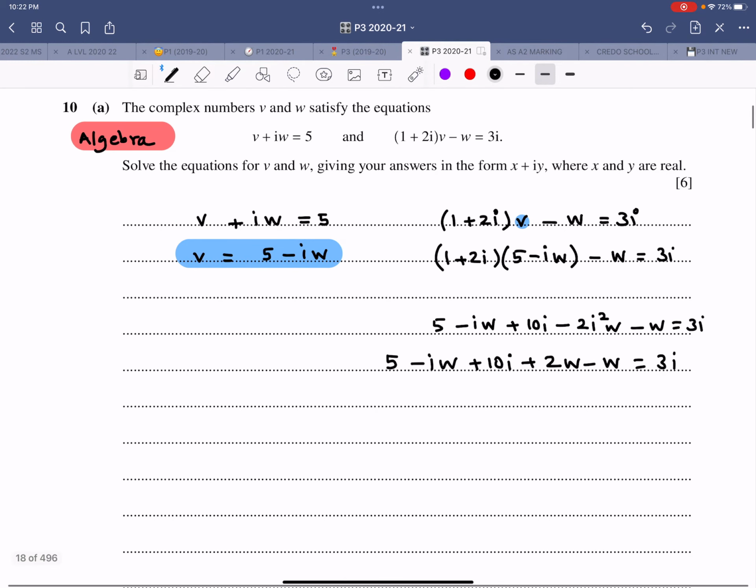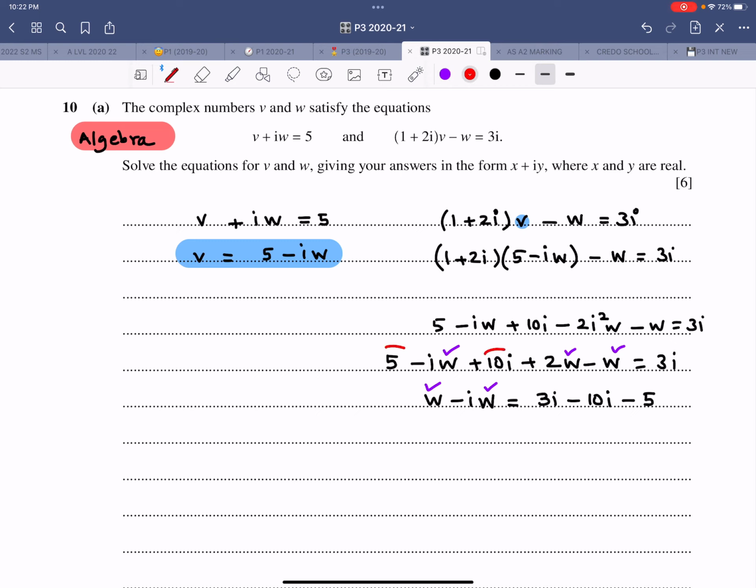Take all the w's on one side. 2w minus w, that's w, minus iw, that is 3i minus 10i minus 5. Let me double check. This is minus iw, done. This is 2w minus w, that's done. This is 10i, this is 5, negative 10, negative 5.